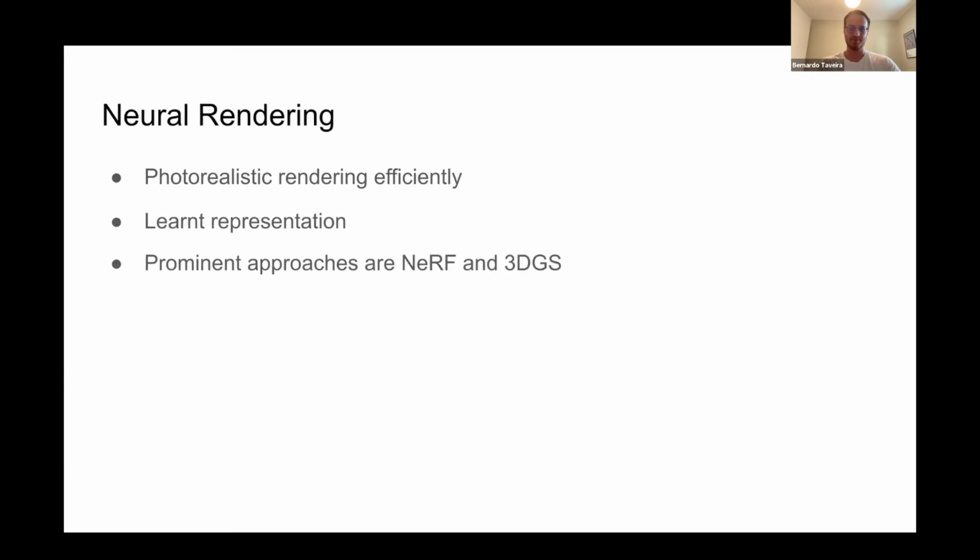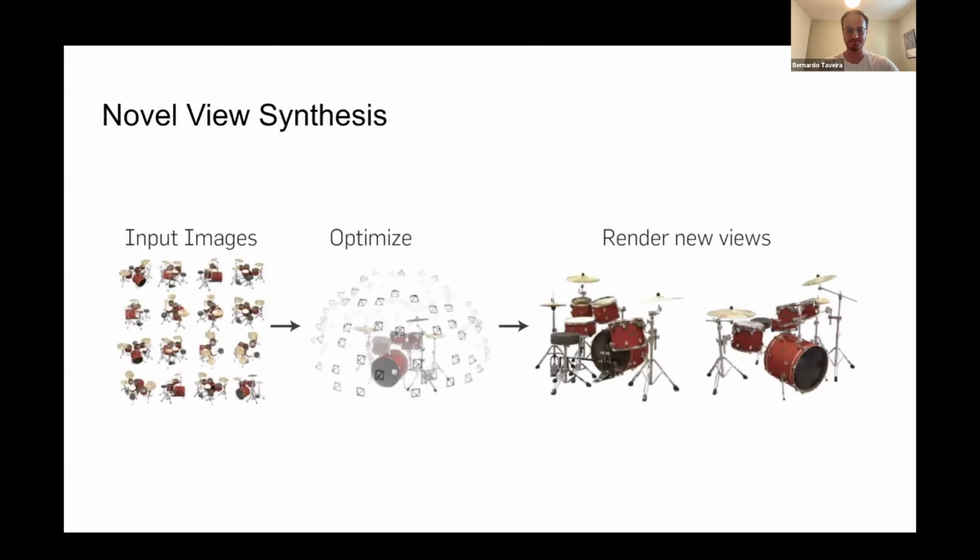The prominent approaches are NeRFs and 3D Gaussian splatting. NeRFs came first, and then a bit over a year ago, 3D Gaussian splatting came about. 3D Gaussian splatting is the one that I'm going to talk about, but NeRFs are still very relevant. These are opposed to the traditional polygon-based meshes.